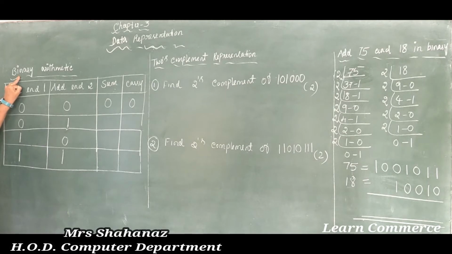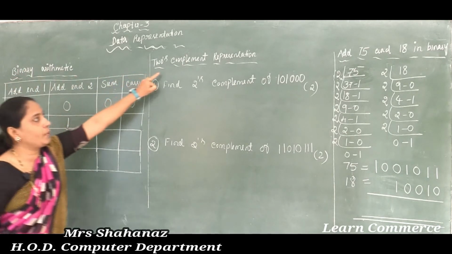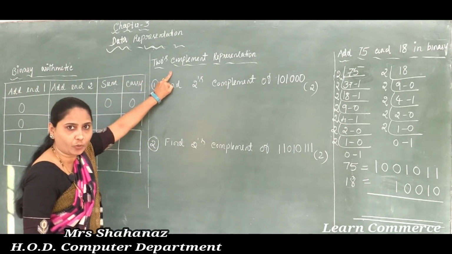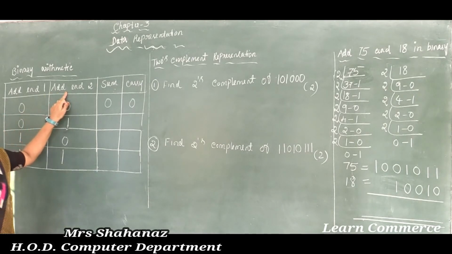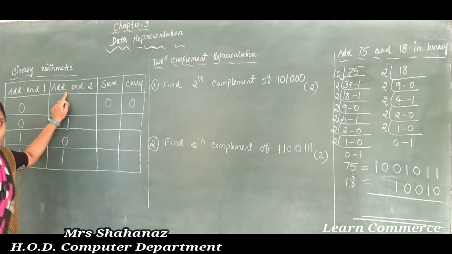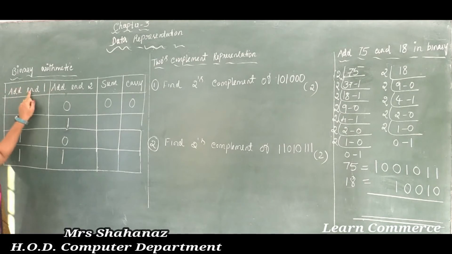Before solving the twos complement representation, I want to show one table, the binary arithmetic table. In the binary arithmetic table, the first column is add 1, or simply you can use add, no problem. The second column is add 2.